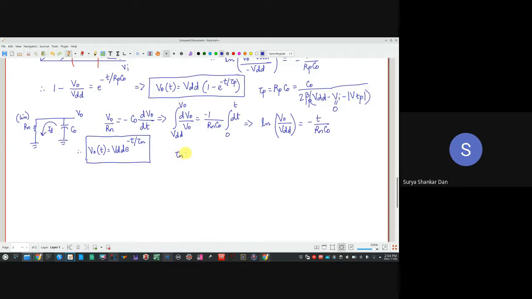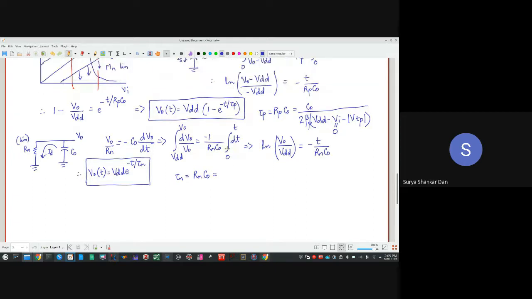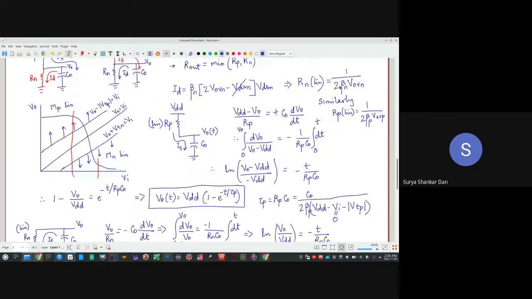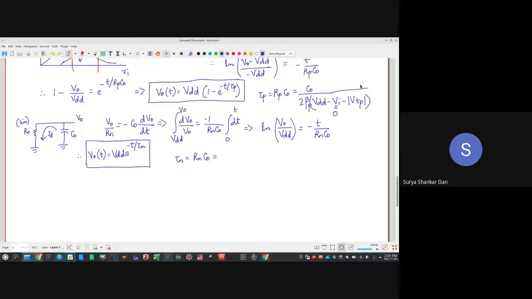Now tau n is equal to Rn CO. Rn is again the linear value. Okay. So where is its linear expression? 1 upon twice beta n VOVN. Okay. So I'll just put it like that. Twice. VOVN will be how much? VGSN minus VTN.